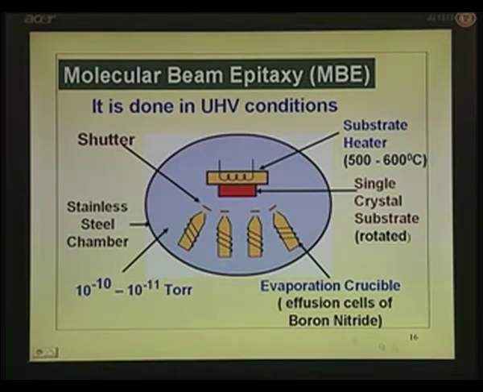There is a heating coil that is put around that. Now, there are shutters all around here. Okay. So, the entire thing is a stainless steel chamber which is evacuated by means of complicated pumping systems, oil free pumping system, okay. And each one is a cell which is used for, let me use that language, evaporation.